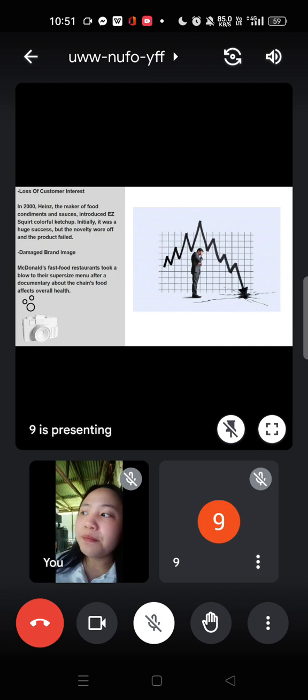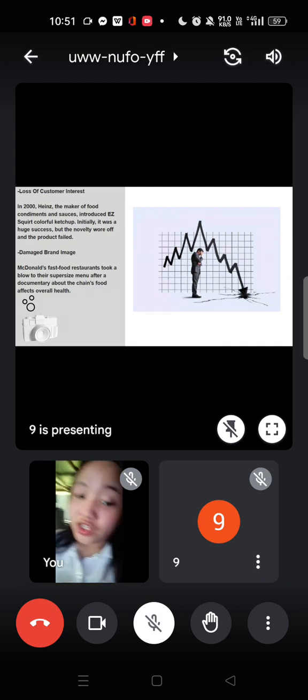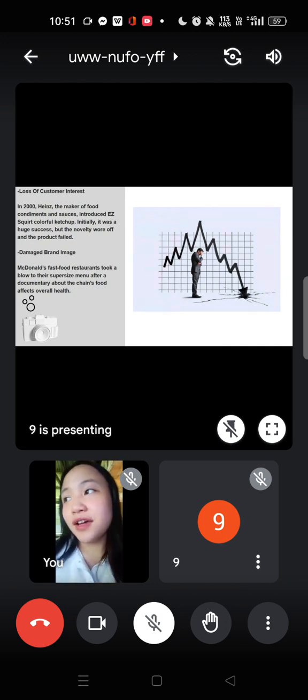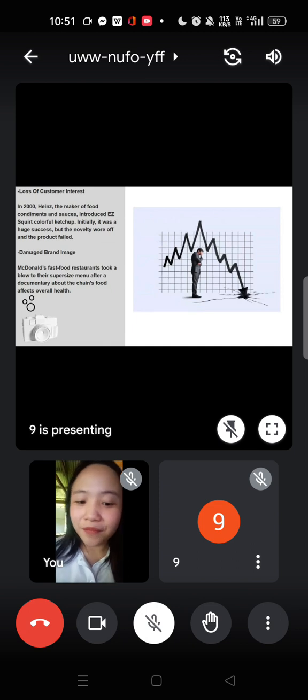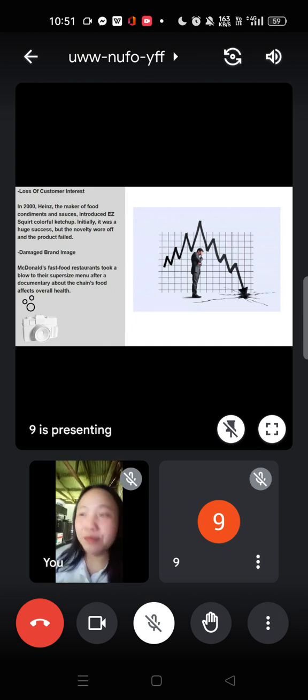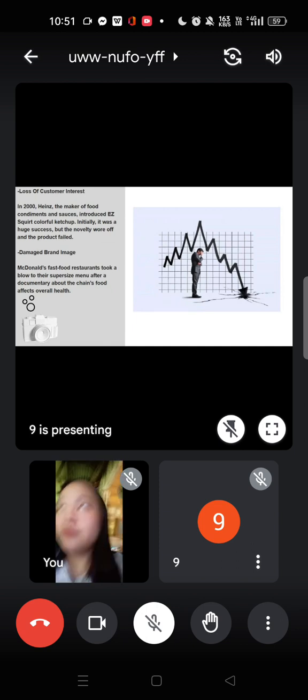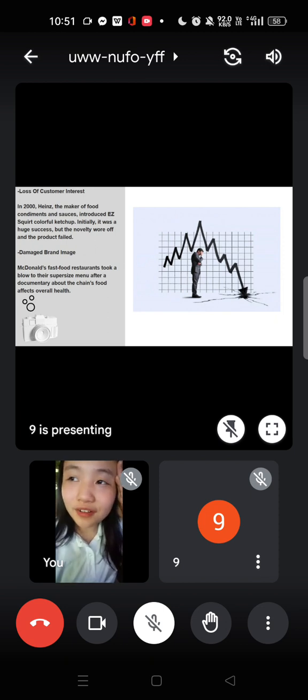There is something similar here in the Philippines, which is the UFC colorful ketchup. I remember I used to buy the blue ones, the blue ketchup. But then it declined because people got weirded out with the color, because it's different ketchups. I mean, it's the same ketchup but with a different color, and some people find it disgusting and unusual.